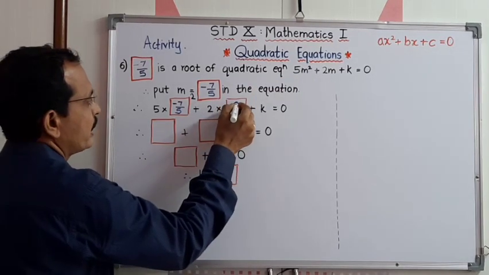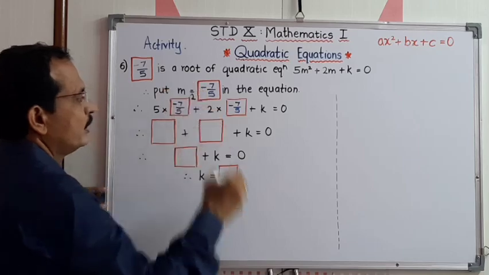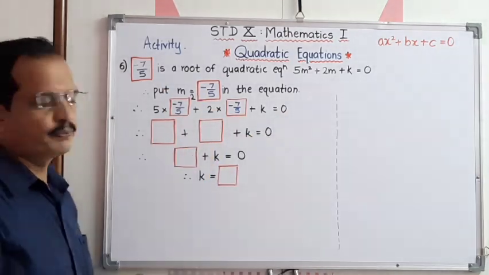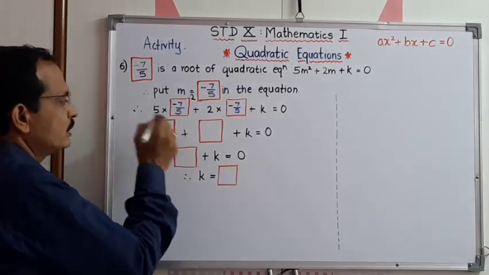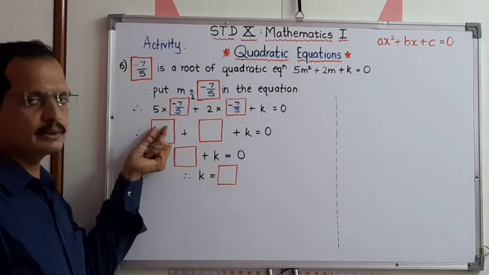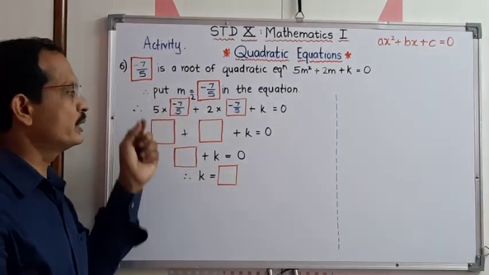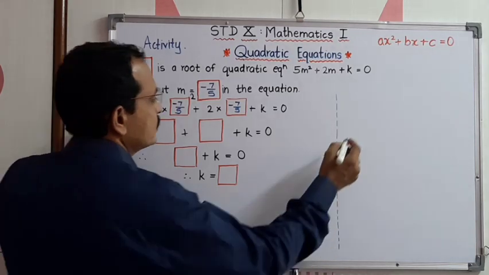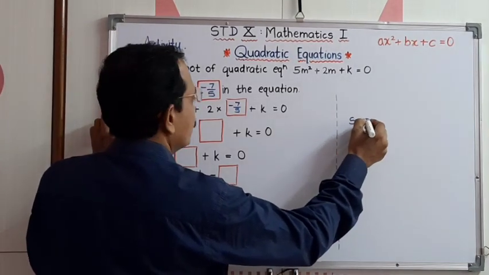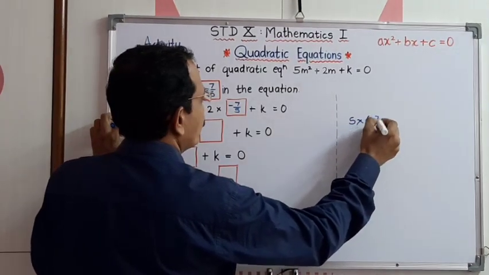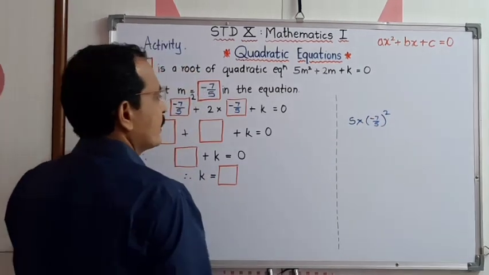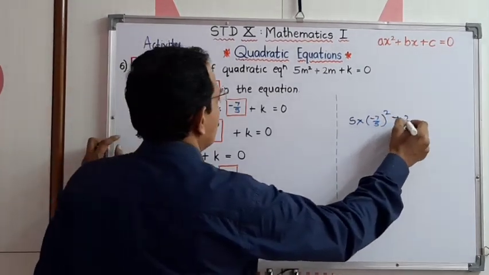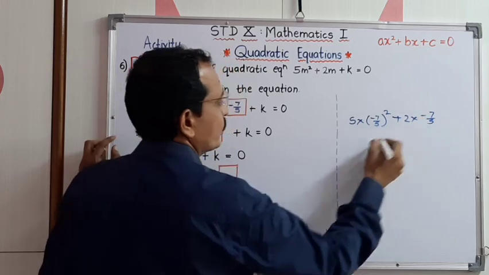We have to put here minus 7 upon 5 plus k equal to 0. Now dear student, to write the value in this box, we have to solve this. For solving this, we have to write here 5 into (minus 7 upon 5) bracket square plus 2 into minus 7 upon 5.